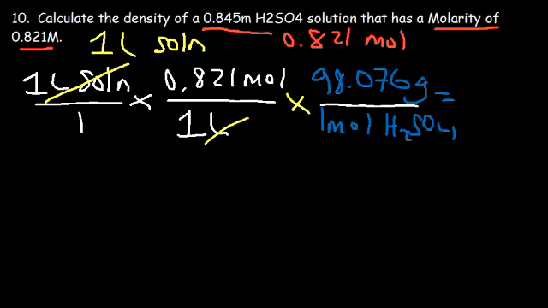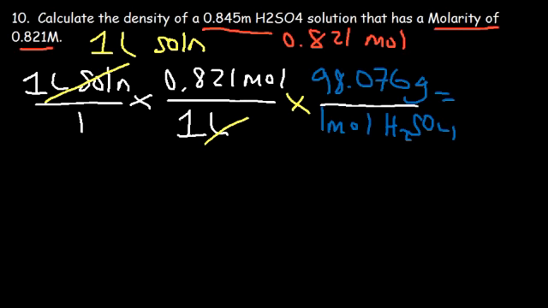Now, starting with 1 liter of solution, we can multiply this by the molarity, which is 0.821 moles per liter. And once we have the moles of the solute, we can find the kilograms of the solvent by using the molality, which is 1 kilogram of solvent for every 0.845 moles of solute.